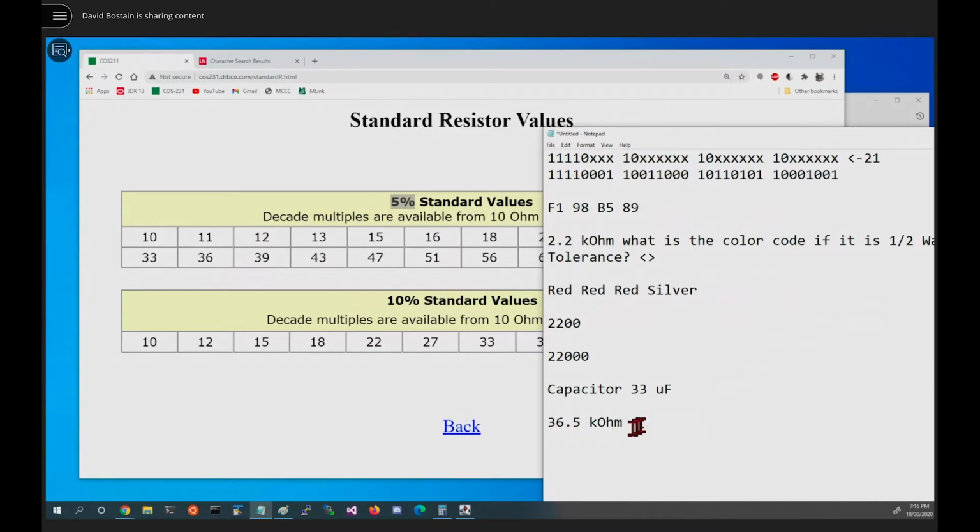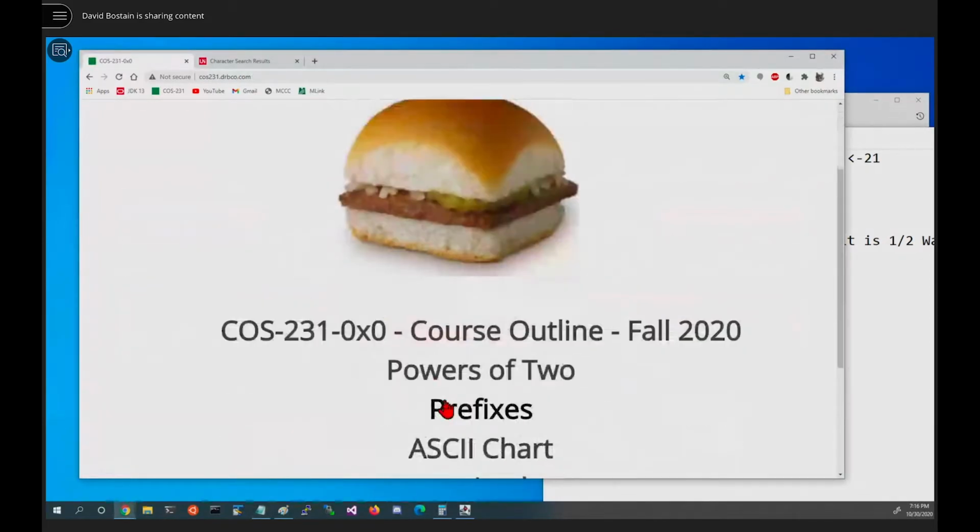In this case, what's the color code of a 36.5 kilohm resistor? Anybody want to take a shot at it? Do I need to put the color codes back up?